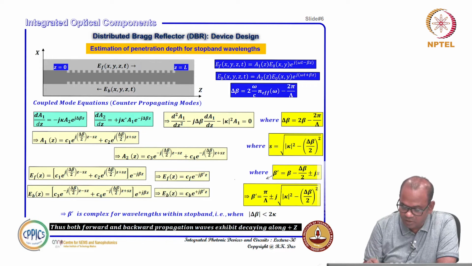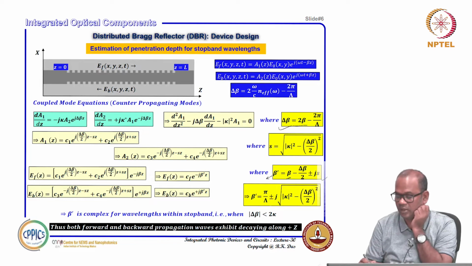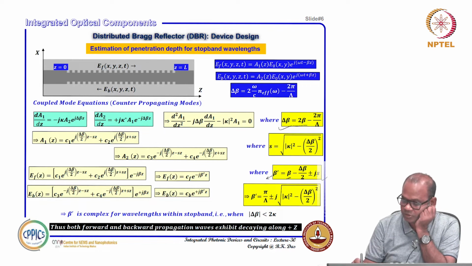So here beta prime is this one, after modification. Now we know the delta beta value is there, so we can write beta prime equal to this beta value along with the delta beta value, and also S.